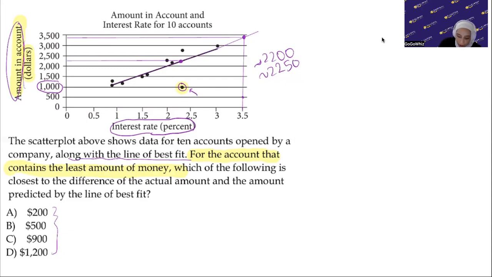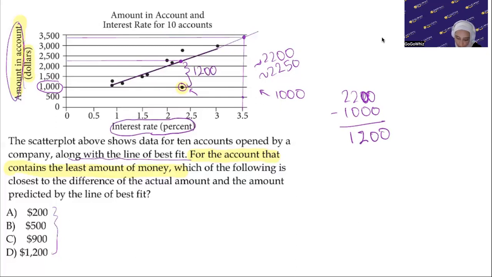The actual amount is 1,000. If I take the 2,200 one, 2,200 minus 1,000 is 1,200. So the difference between the predicted amount and the actual amount is 1,200, and that's what we're trying to find.